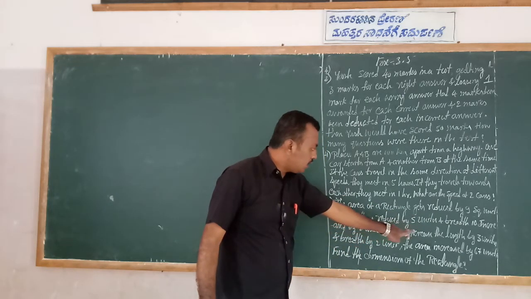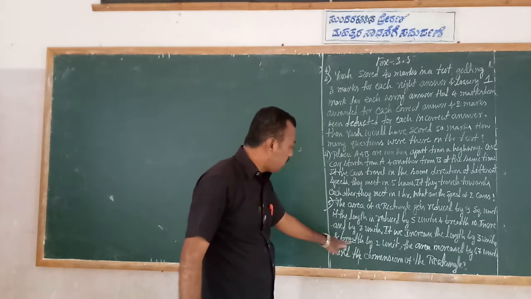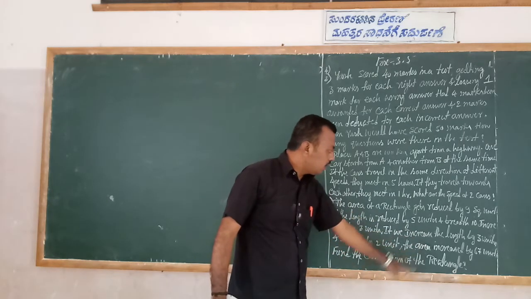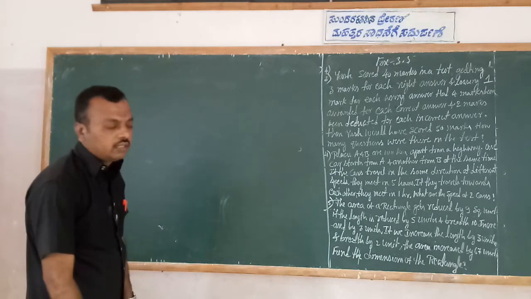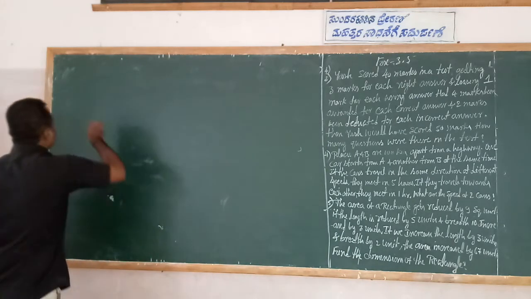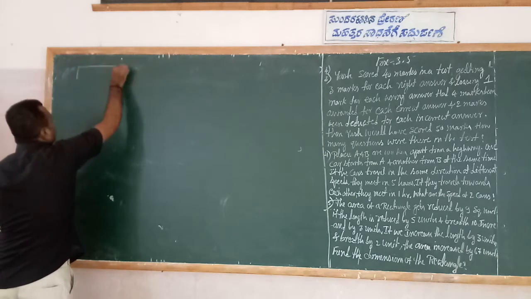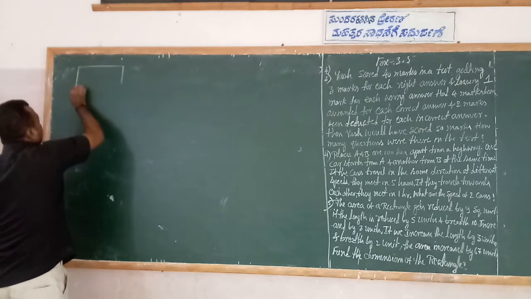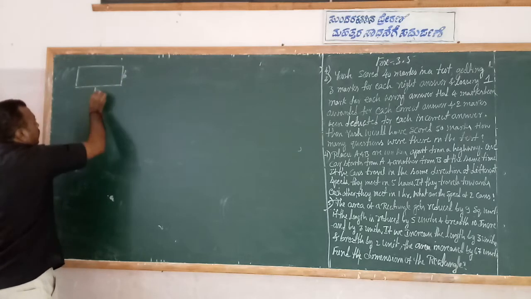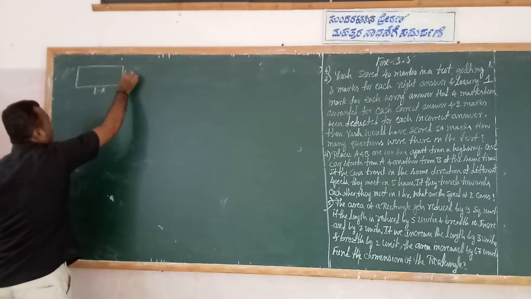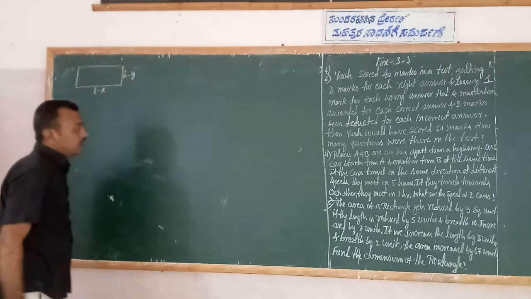If we increase the length by 3 units and the breadth by 2 units, the area increases by 67 square units. Find the dimensions of the rectangle. See, one rectangle is given. In that rectangle, we don't know the length and breadth. Let the length be x and the breadth be y.